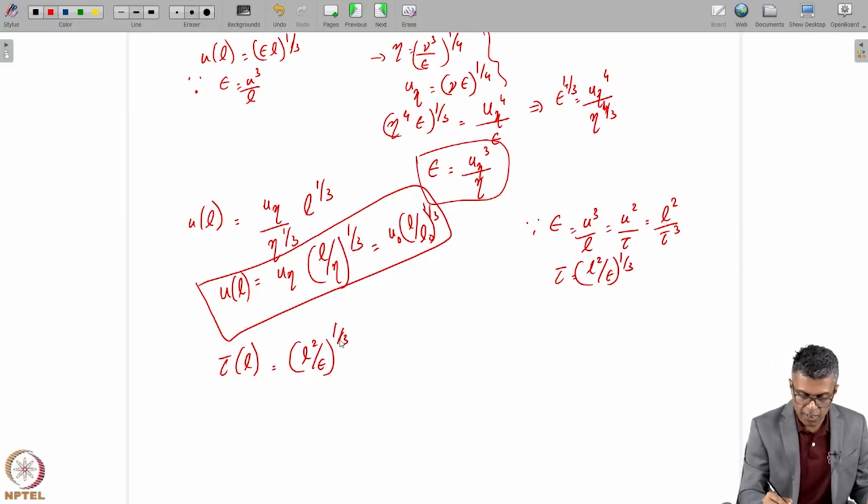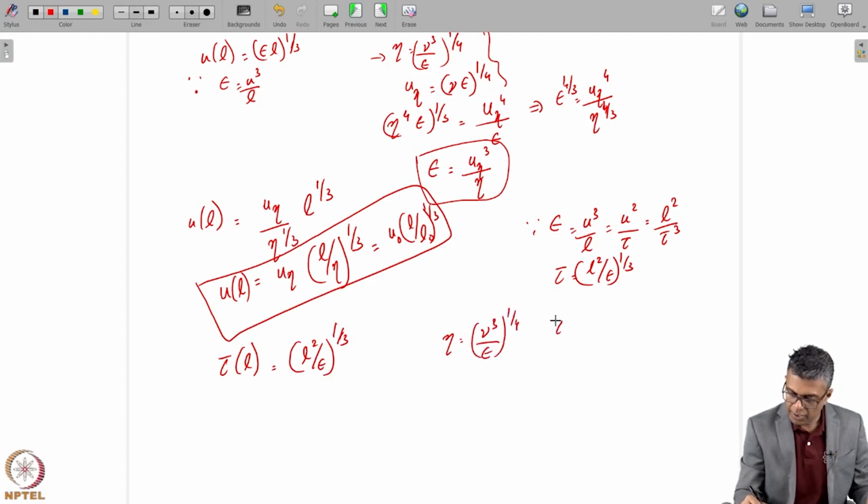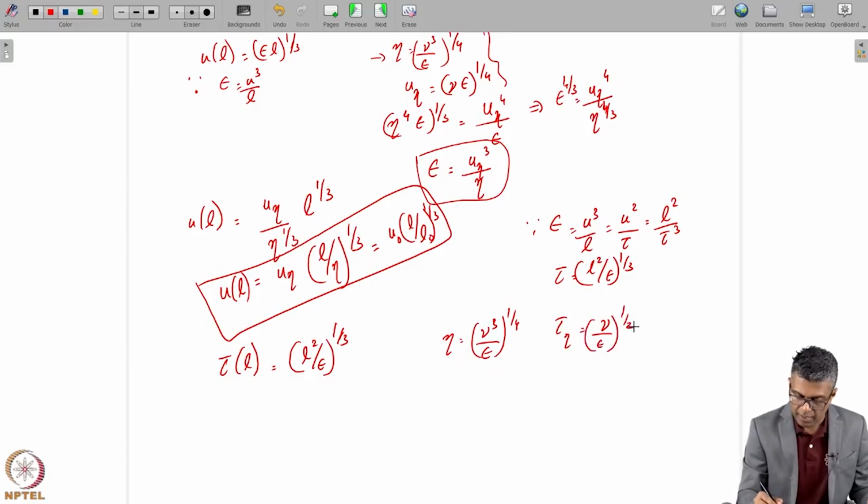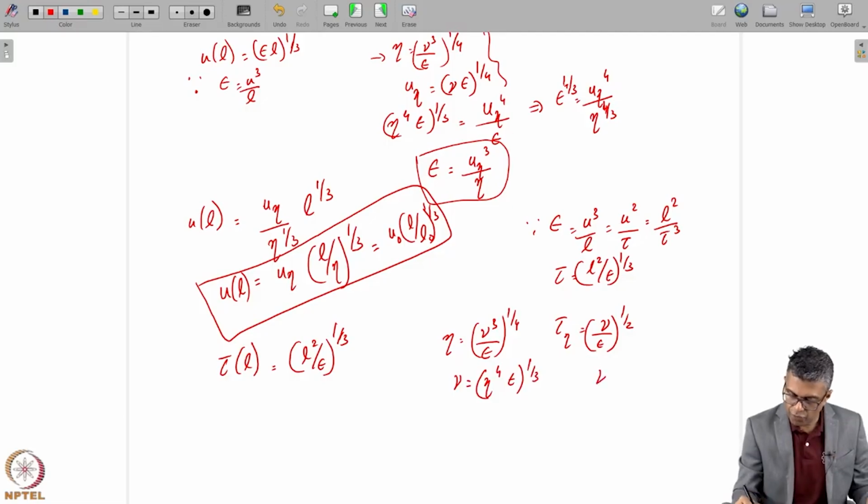Then using the fact that eta is nu cube over epsilon to the 1/4 and tau eta is nu over epsilon to the 1/2, I will eliminate viscosity from here. How do I do that? I will write viscosity here as eta to the 4 epsilon to the 1/3, and nu from here is tau eta squared epsilon, isn't it?